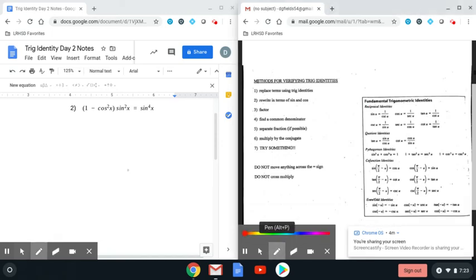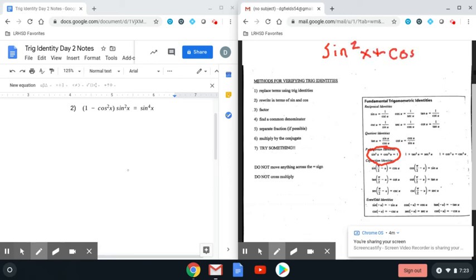So, for example, if you look at this first Pythagorean identity that we're starting with, sine squared plus cosine squared is equal to 1. So I'm going to write that up top. So this is saying that we have sine squared x plus cosine squared x is equal to 1.